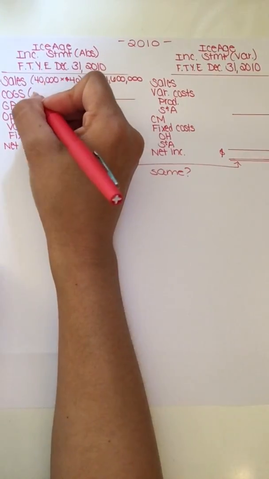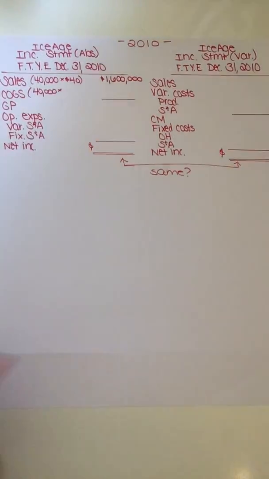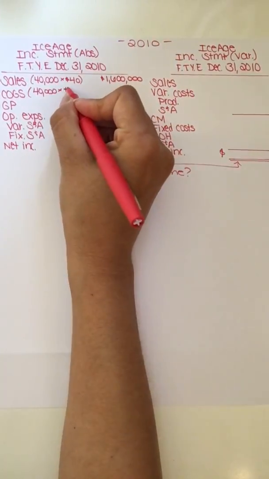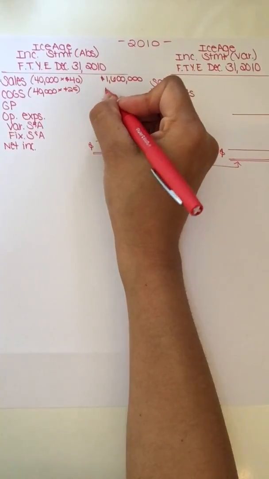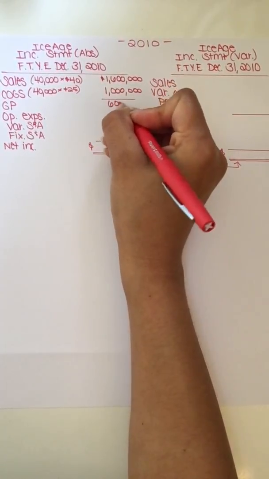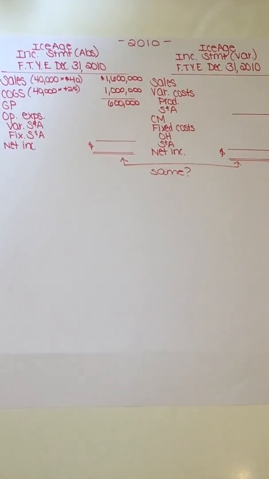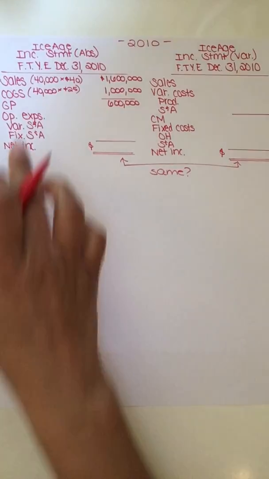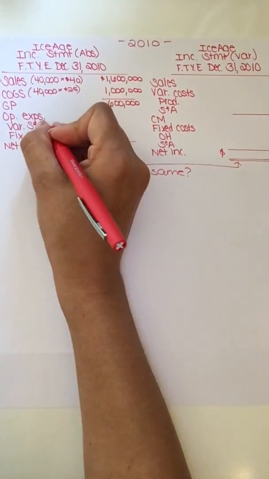Cost of goods sold, units sold, 40. Our cost per unit, we're doing absorption first, is 25. So you should have gotten for cost of goods sold $1 million even. That means you got gross profit of 600,000. Hopefully so far so good. Then we went on to our operating expenses, your variable and your fixed.